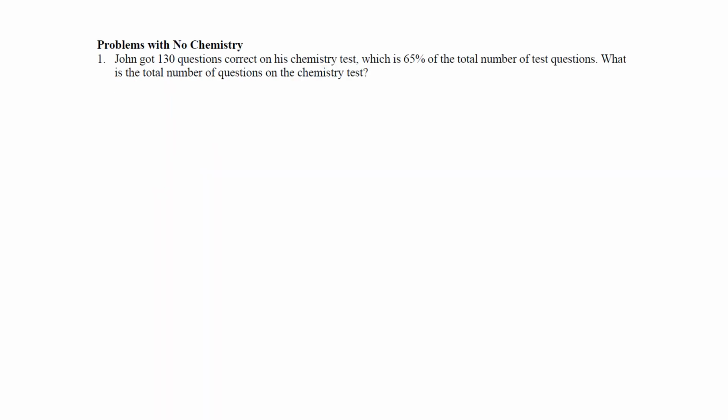All right, so the first part of the worksheet were problems that have no chemistry. This one says John got 130 questions correct, and that this is 65% of the total number of test questions. What is the total number of questions on the chemistry test?